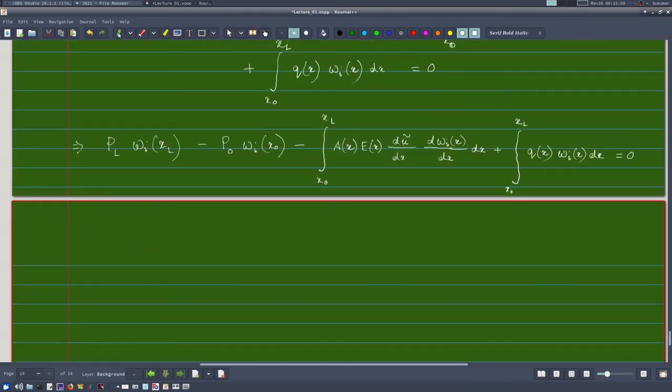So the force boundary conditions, let me write fully, FBC I'm writing, force boundary conditions can be incorporated naturally.